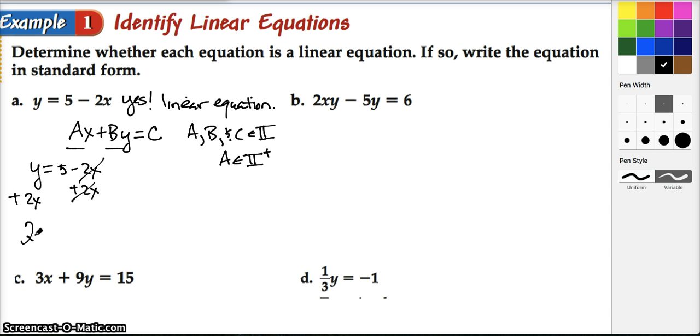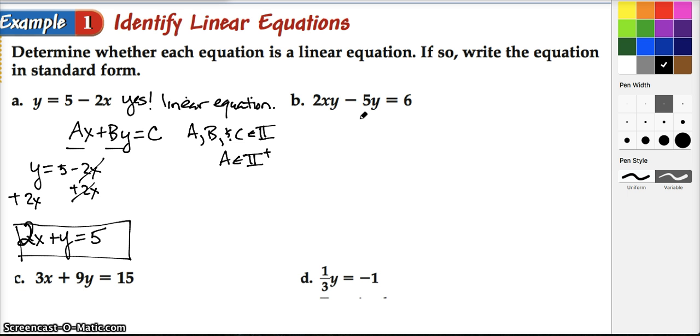And I get 2x plus y is equal to 5. Since the a value is an integer and it's positive, the b value, which I'm going to call 1, is an integer, and this is an integer, I am confident that I've done the job. 2x plus y equals 5 is in standard form, and it is a linear equation.